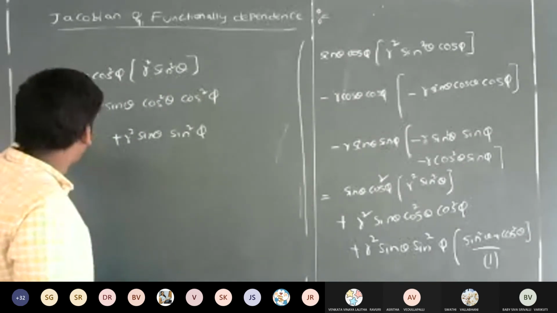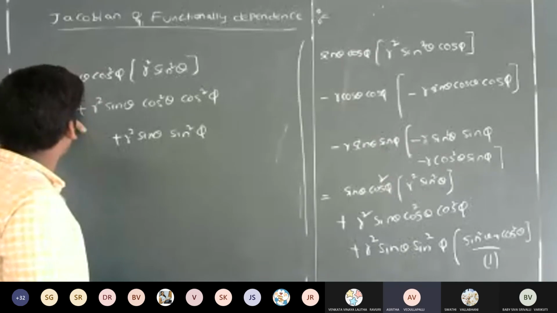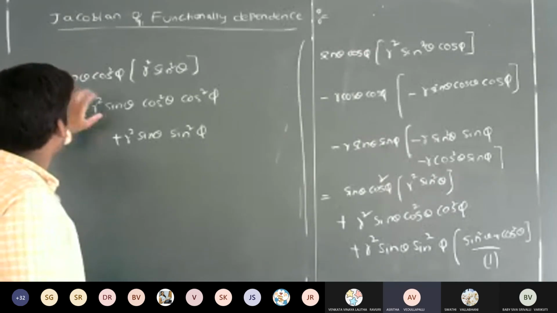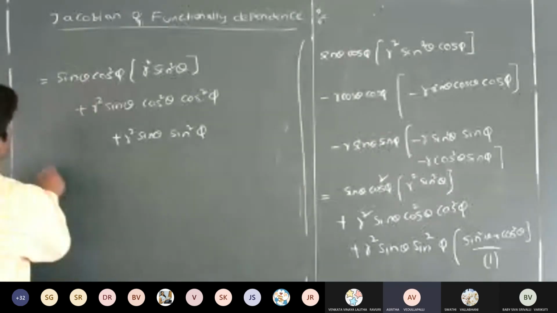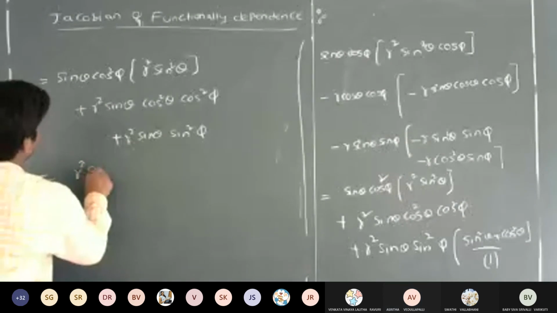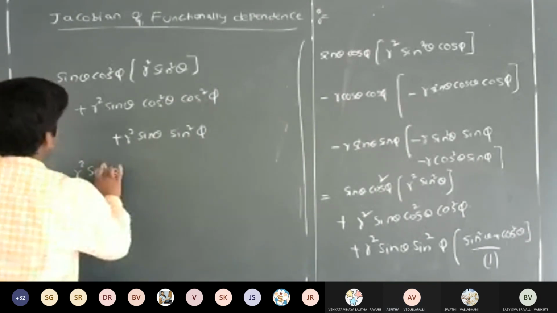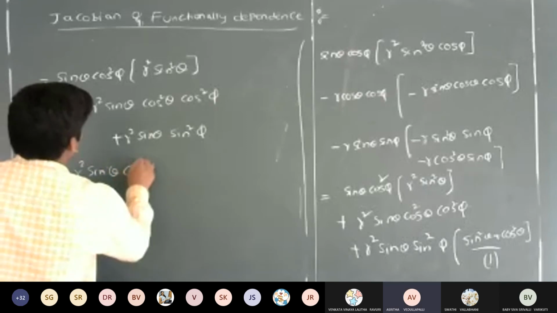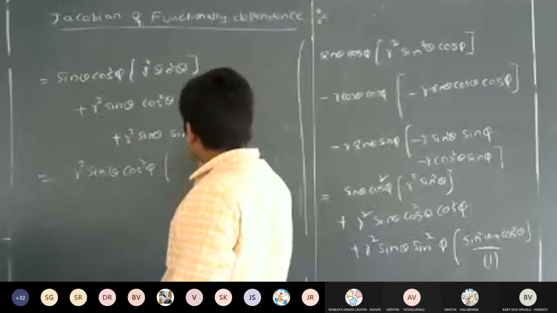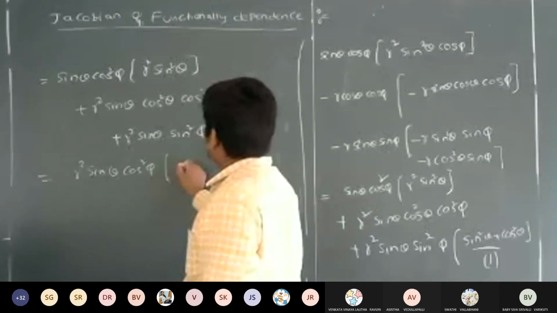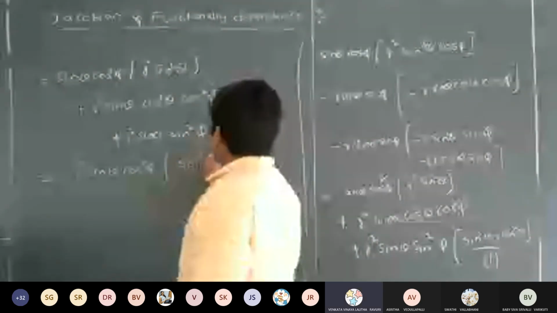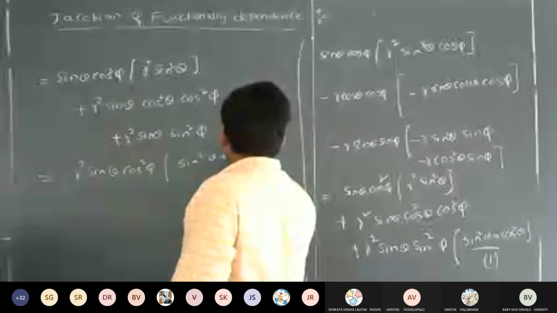Yes sir, r square sin theta cos square phi. Very good. So from the first two terms I am taking r square sin theta cos square phi. So what are the remaining terms? Sin square theta plus cos square theta, right?